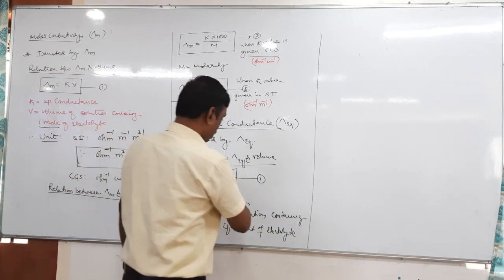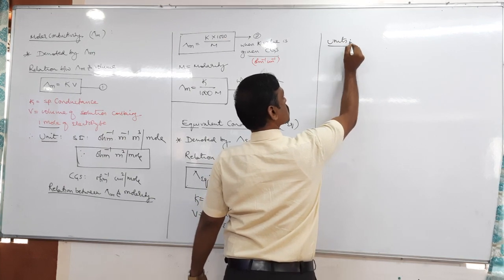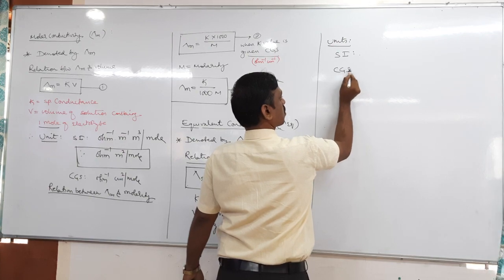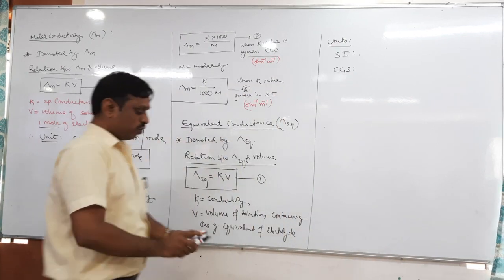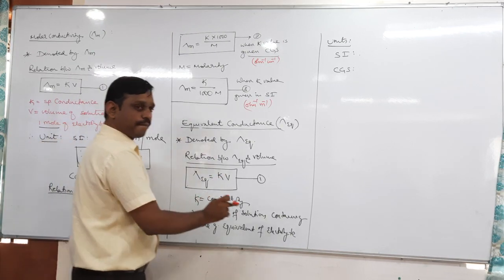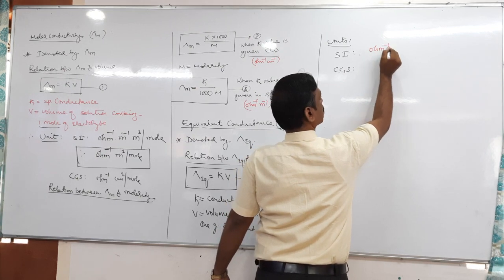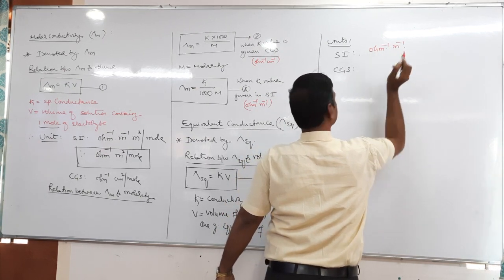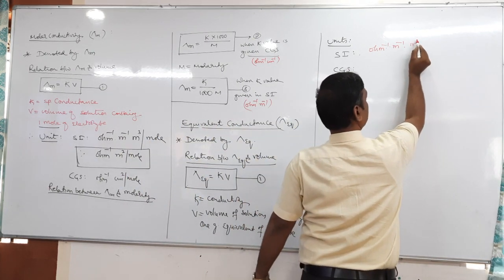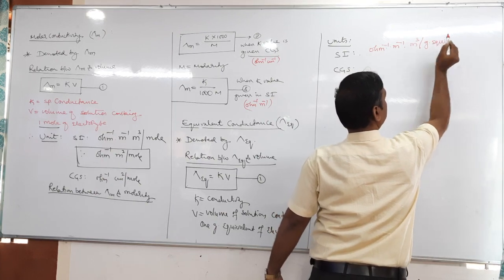Now tell me, from this, can you write the unit? So what is the SI unit of K? It is ohm inverse, meter inverse. But volume is there, no? Meter cube per gram equivalent.